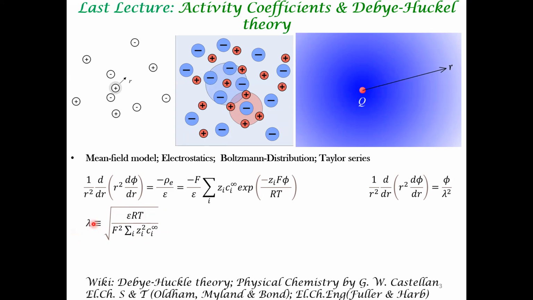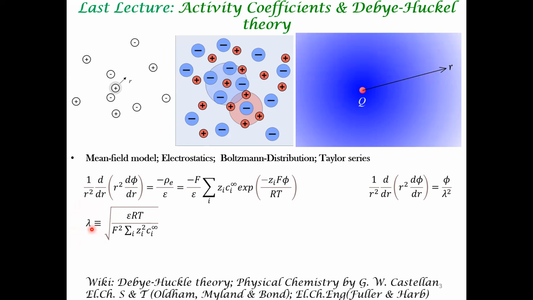If Debye length is small, the system becomes charge neutral quickly, and if the Debye length is larger, it takes a longer distance for the system to be charge neutral. So I keep moving from the central ion, and at some point it will be charge neutral and phi will be 0. Debye length is a measure of such a length scale.